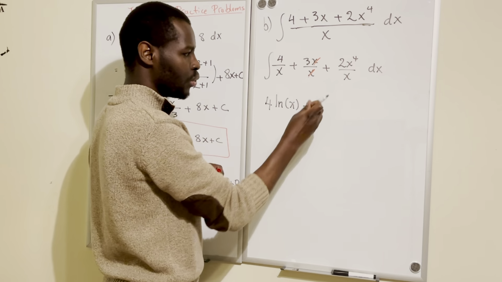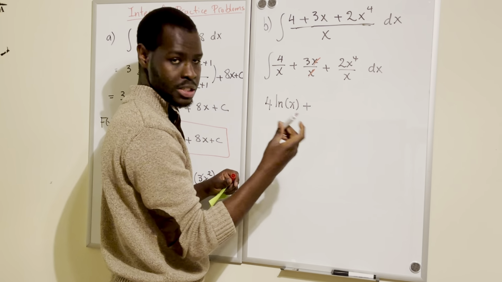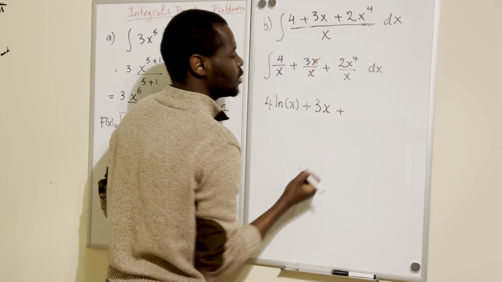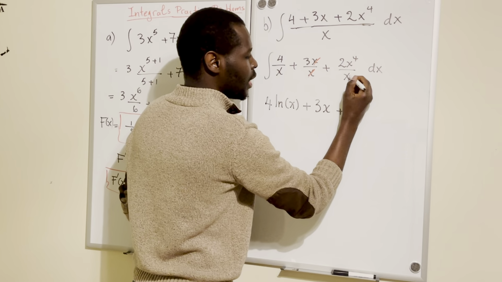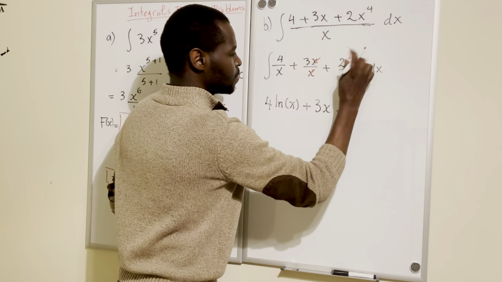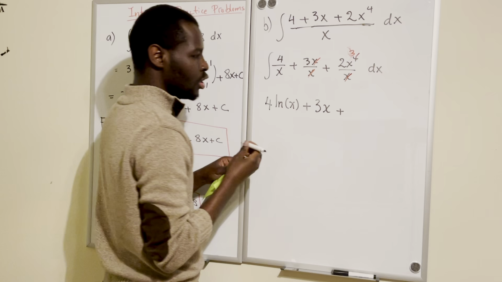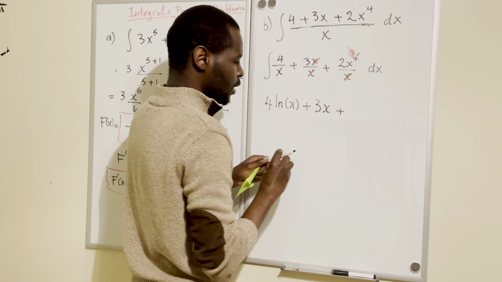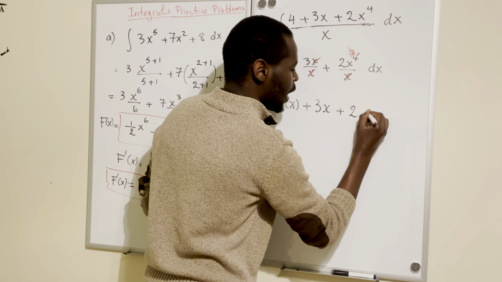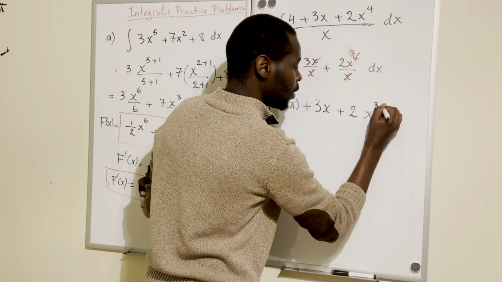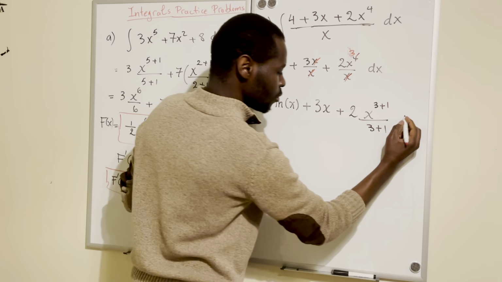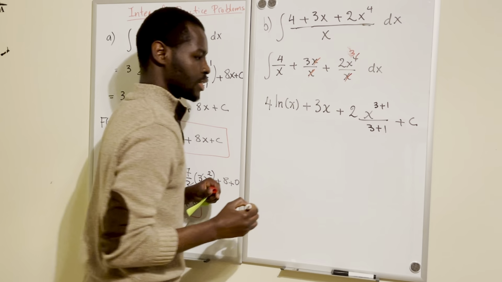So the integral of 3 dx, since it's a constant, will be just 3x plus, now this can be simplified to x cubed, right? So I can just rewrite this as 2 times x cubed. What would that be? That is applying the power rule here. So x to the 3 plus 1 over 3 plus 1. Of course, plus a constant.